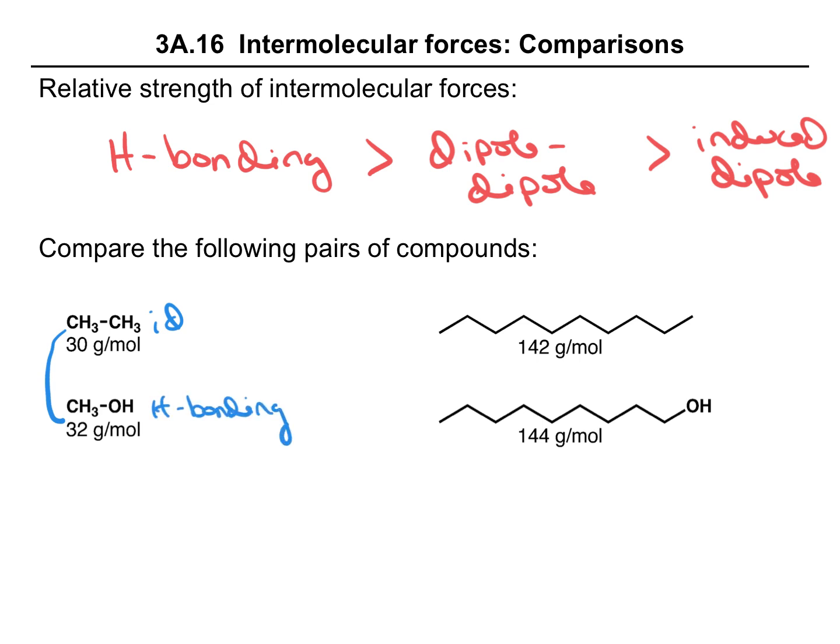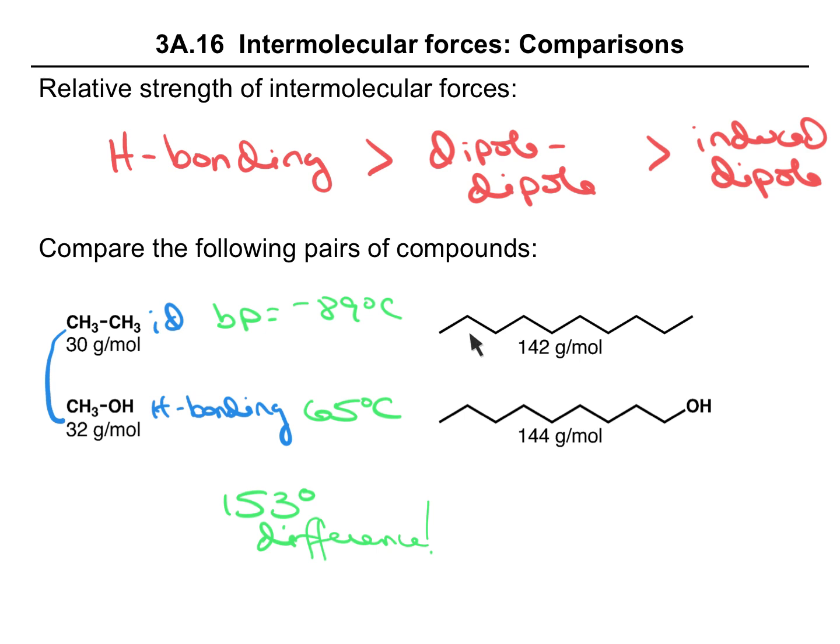And the boiling point of ethane is -89 degrees Celsius compared to 65 degrees Celsius for methanol. So we're looking at a 153 degree difference. So the hydrogen bonding is significant and it makes a huge impact on the strength of the intermolecular forces.